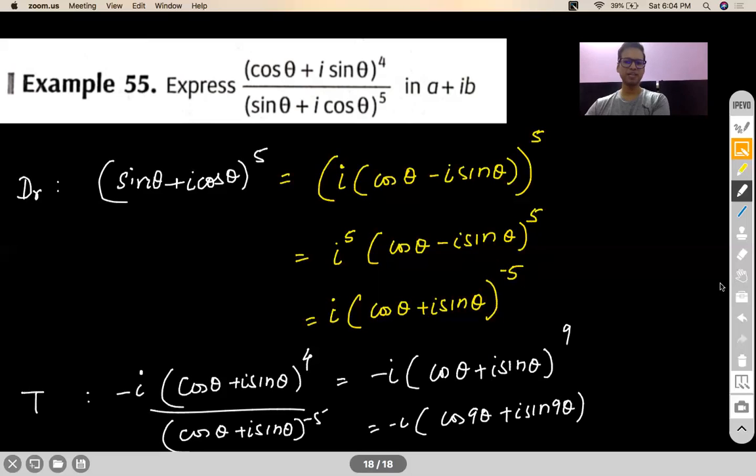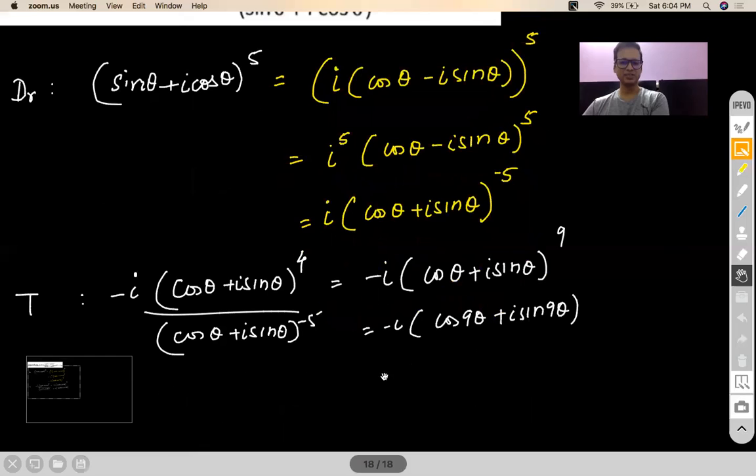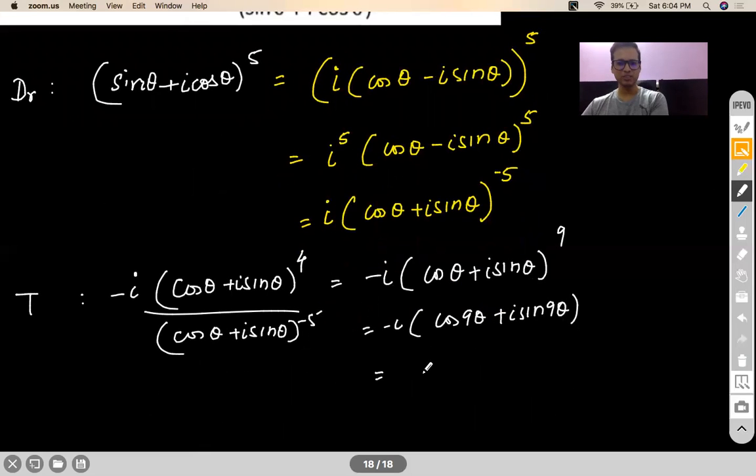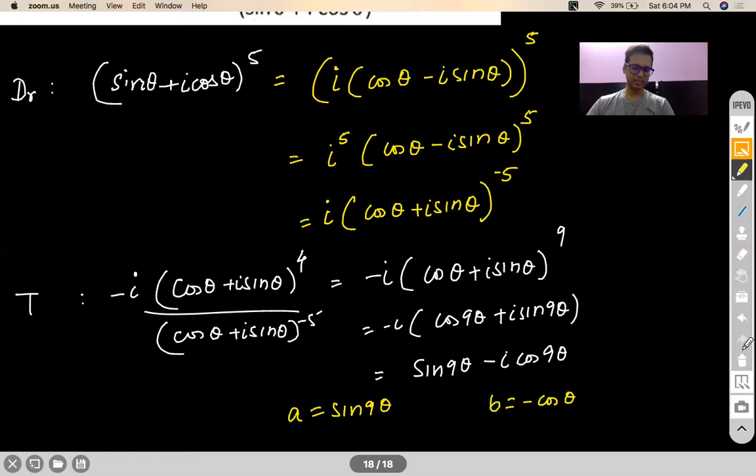Now you can multiply your minus i with it. So this will give you sin 9 theta minus i cos 9 theta. So this is your a and this is your b. Oh, sorry, 9 theta. Is that fine?